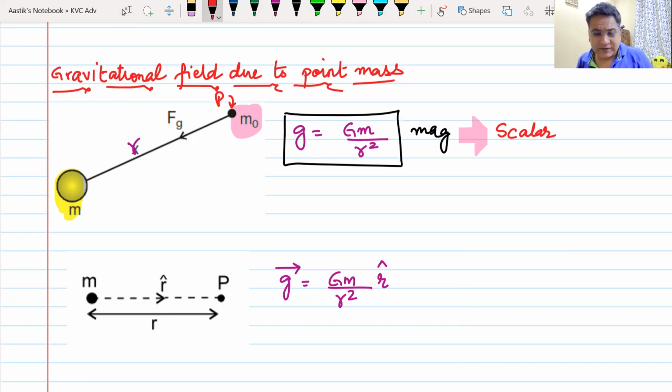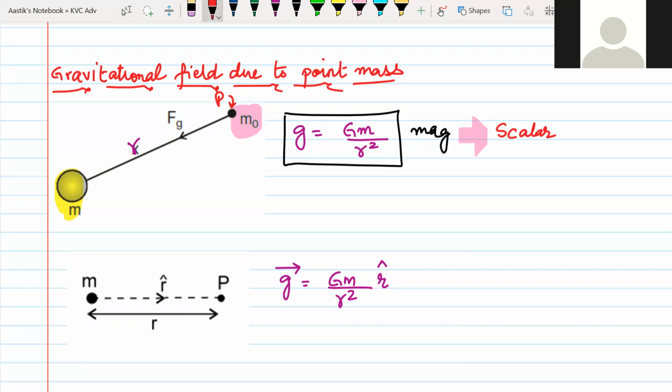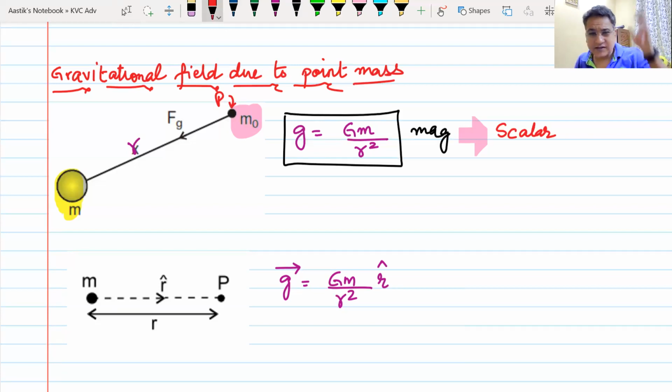In 99% of the cases, we are going to use this equation only. We will not be using the vector equation. Vector equations are only required when a very tough question comes where the coordinates of the point are given in 3 dimensions and we are not able to imagine how this field looks. Then only we are going to use the vector form. Otherwise, we are always going to use the scalar form.